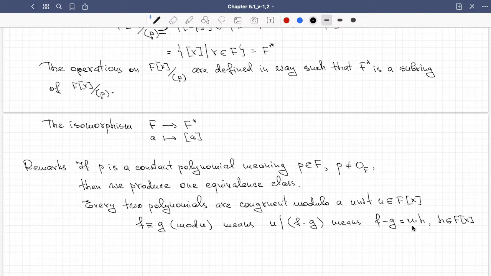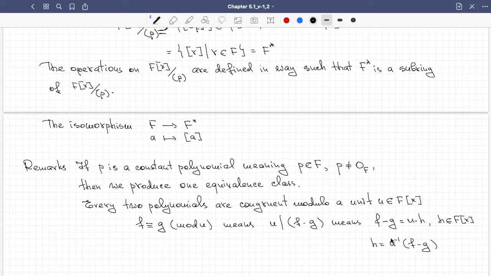Indeed, this is a unit, so it's an invertible element. There exists U inverse. Multiply everything by U inverse to get h is U inverse times f minus g. We always can do that.